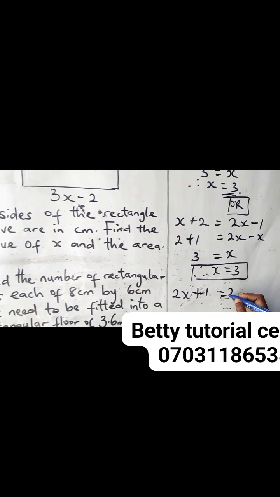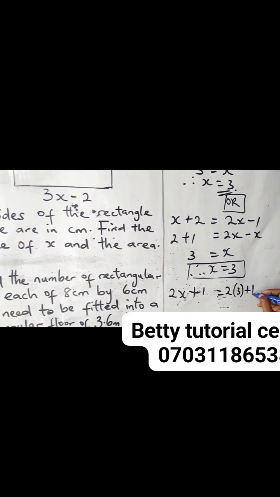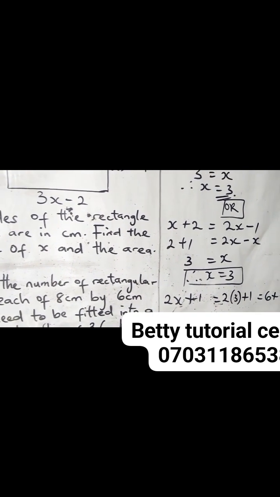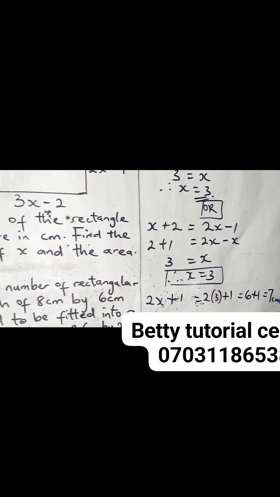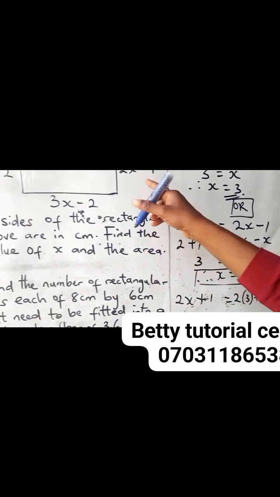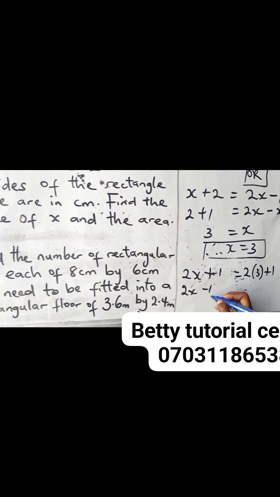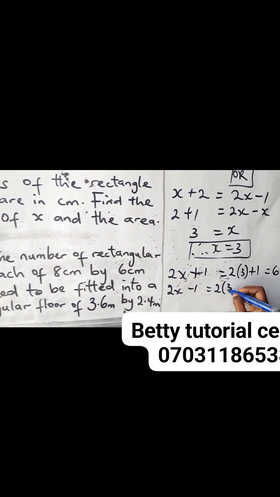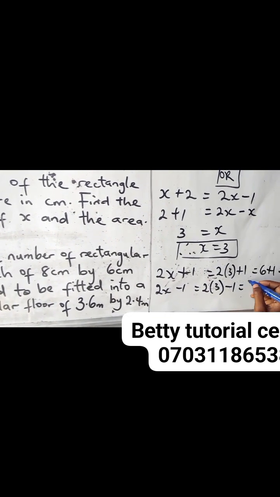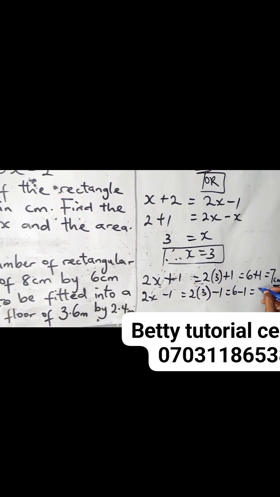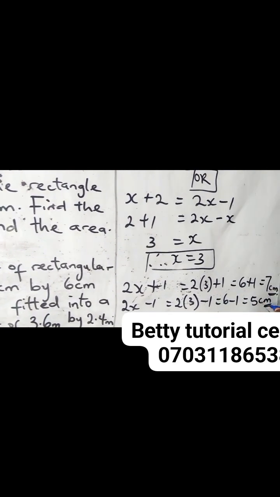X here is 3, so we have 2 into 3 plus 1, which is equal to 6 plus 1, which is equal to 7 centimeter. Now, 2x minus 1 is equal to 2 into 3 minus 1, which is equal to 6 minus 1, which is equal to 5 centimeter.